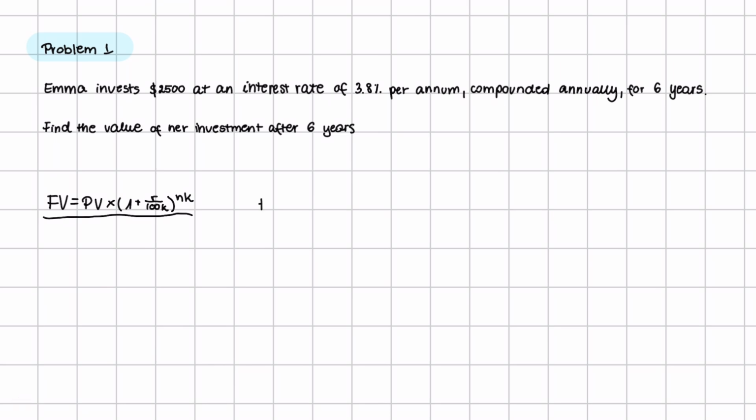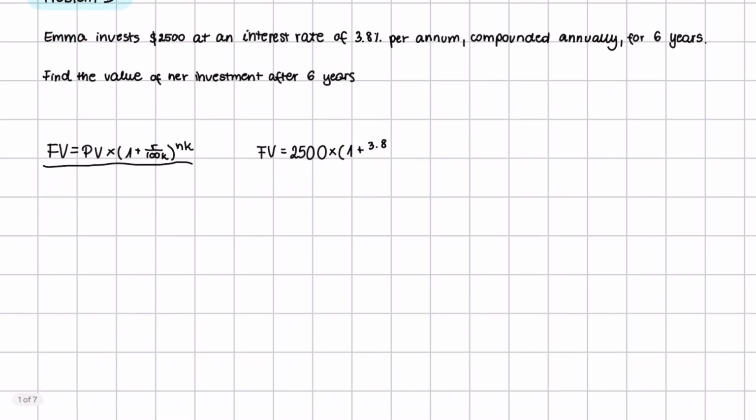So future value will be present value, so 2,500 times 1 plus 3.8, it is interest rate, and we don't convert it into any other form, we just write it like this.